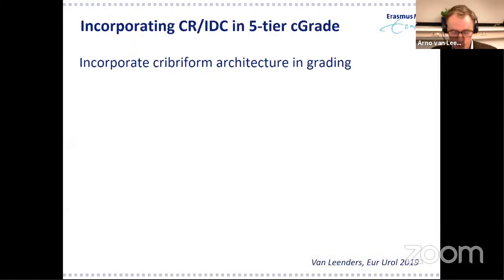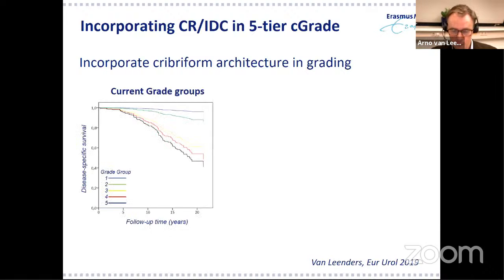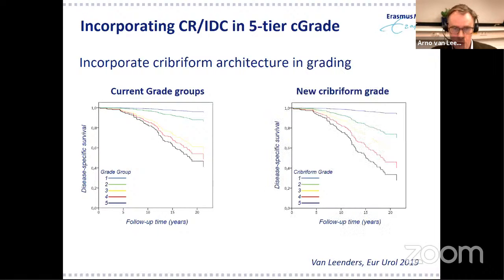As an example that the current grading system can be improved, I want to show this figure of a proof of principle study we did. Here we accounted for cribriform carcinoma in the current grade groups. We determined the grade group at biopsy and subtracted 1 point if no cribriform carcinoma was present.